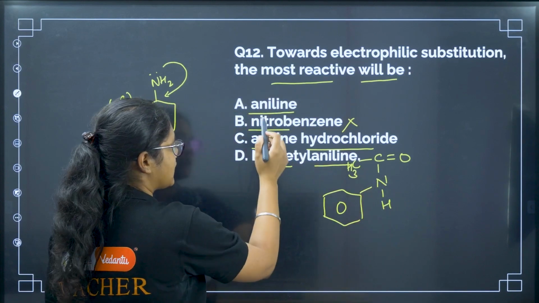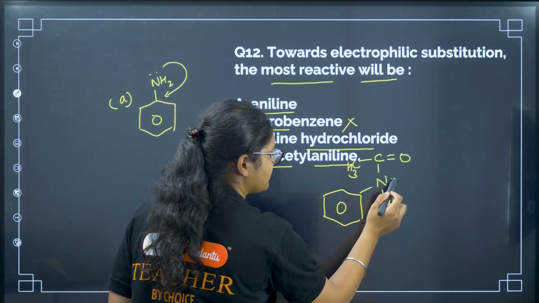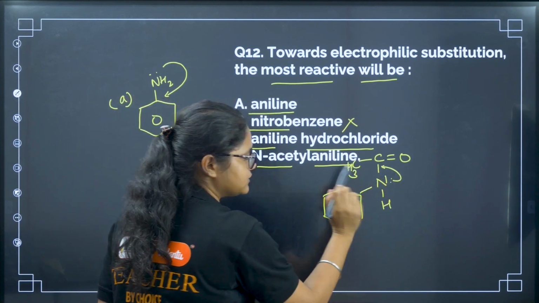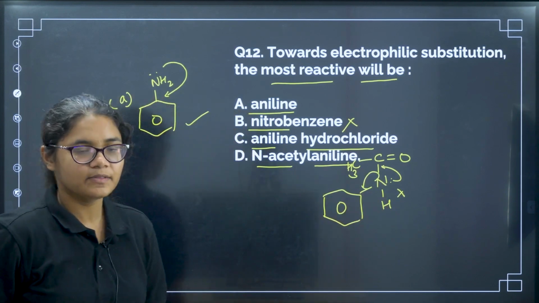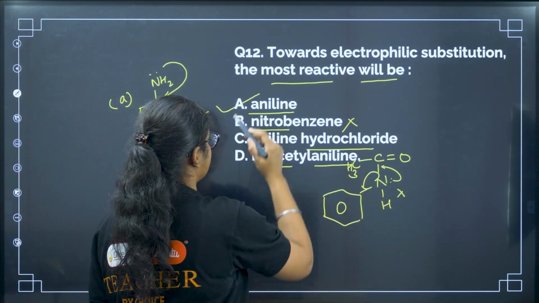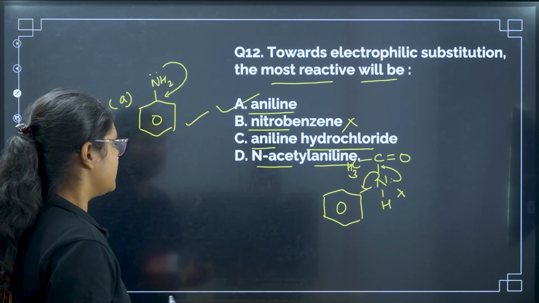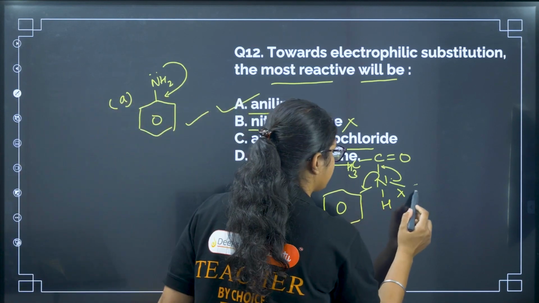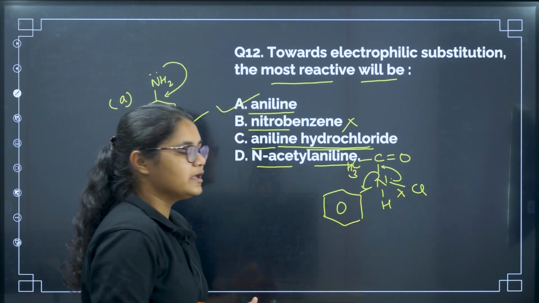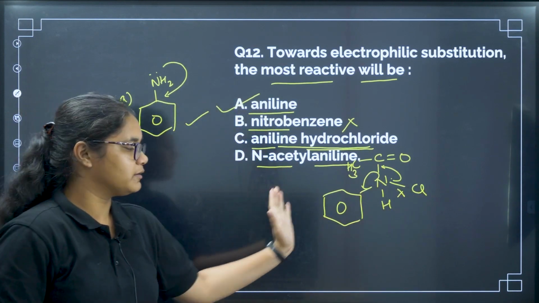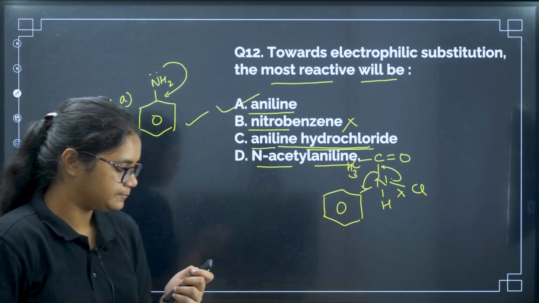So here compared to aniline, the lone pair is distributed on both sides, so the donation will be less as compared to pure aniline. So the correct answer for this question will be option number B. Now if it is replaced with chlorine, that is also an electron withdrawing group, it will pull the electrons from the ring.